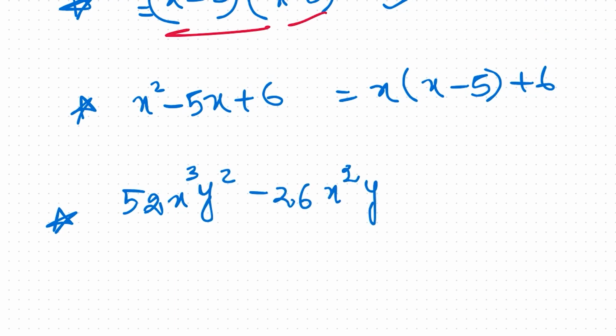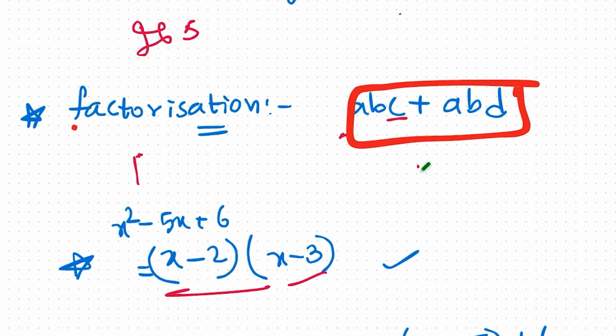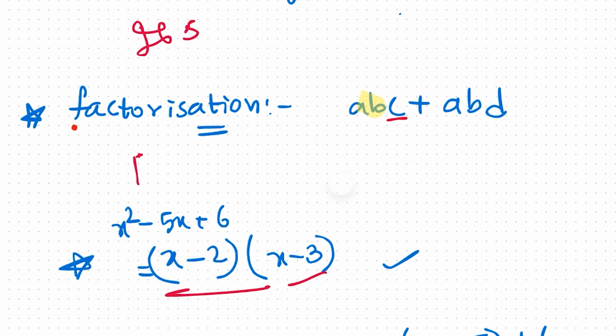Wait, what was this one then? abc plus abd? So what do you see common throughout? ab and ab.